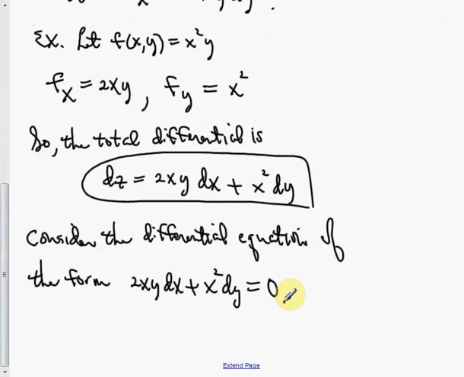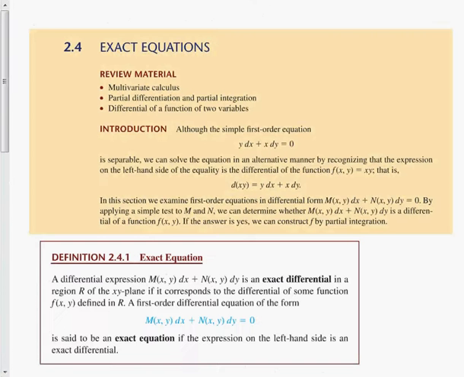And so we say that it's exact. That is, the differential equation exactly matches up to some type of total differential somewhere. If it does, I can solve it very easily. Now, I'll show you the very simple method of solving this. So let's get back.